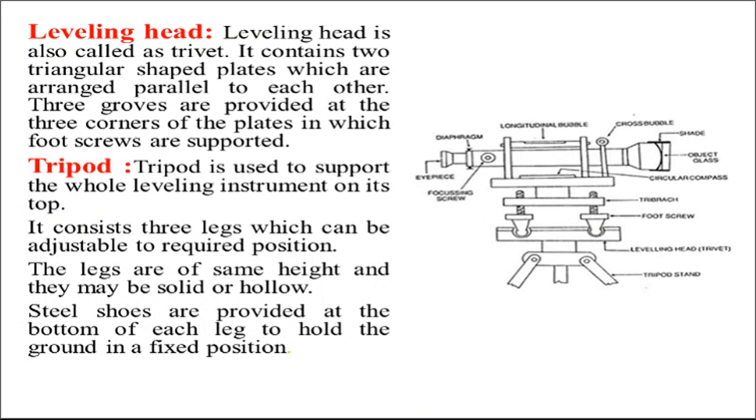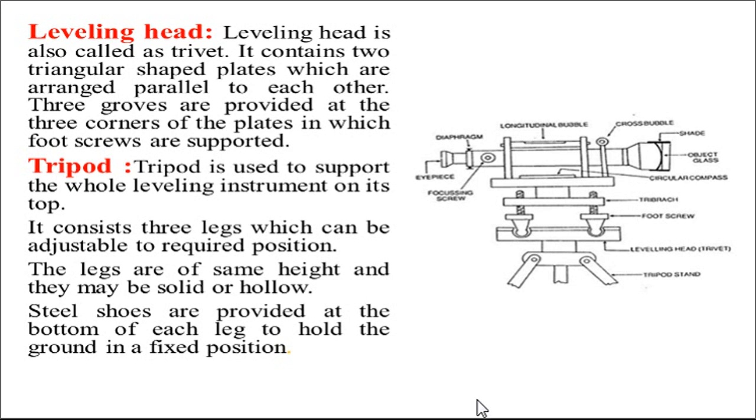Next one, leveling head. Leveling head is also called as trivet. It contains 2 triangular shaped plates which are arranged parallel to each other. The 3 grooves are provided at the 3 corners of the plates in which foot screws are supported.